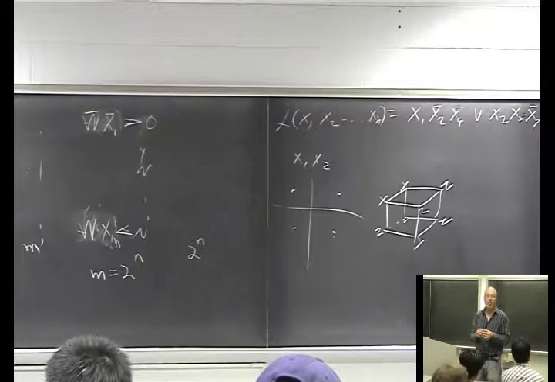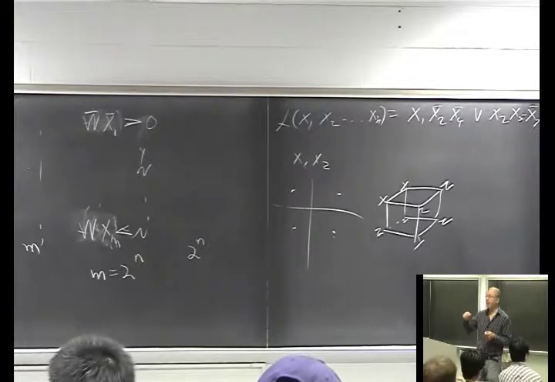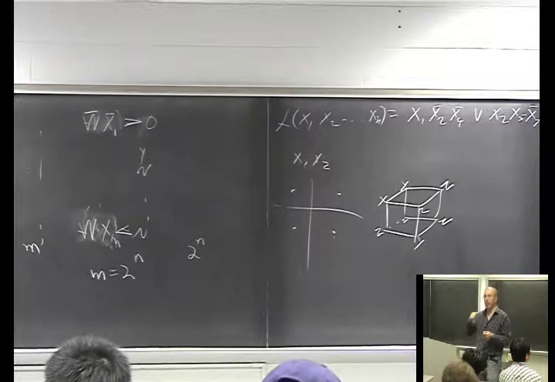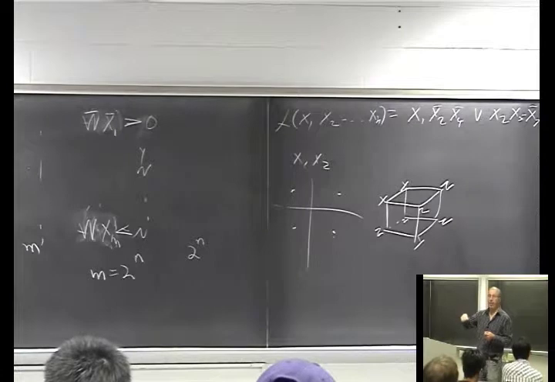For a function to be monotonic in a variable, it means that as this variable goes, say, from 0 to 1, the value of the function always increases or stays the same, but never decreases. That's called monotonically increasing, or positive monotonic. You can also be negatively monotonic, or monotonically decreasing, if whenever the value of the variable goes up, the value of the function stays the same or goes down.